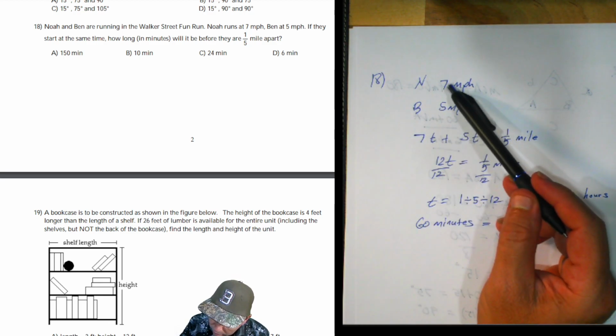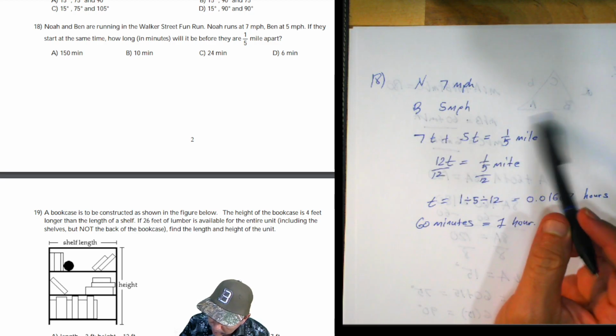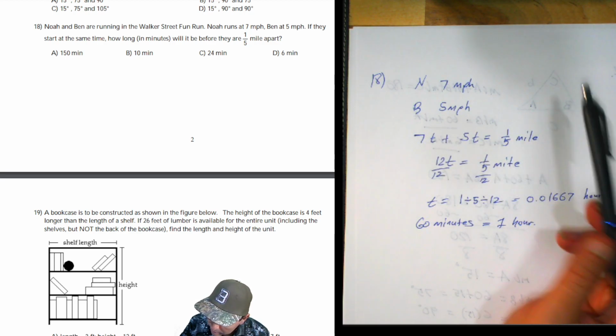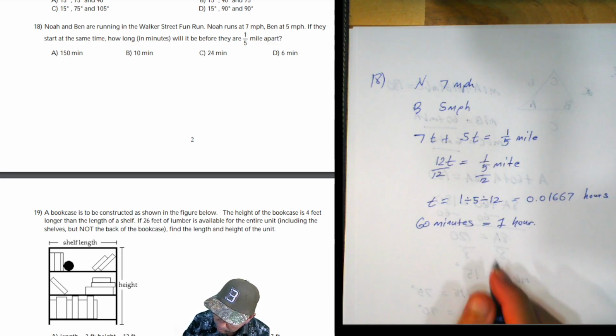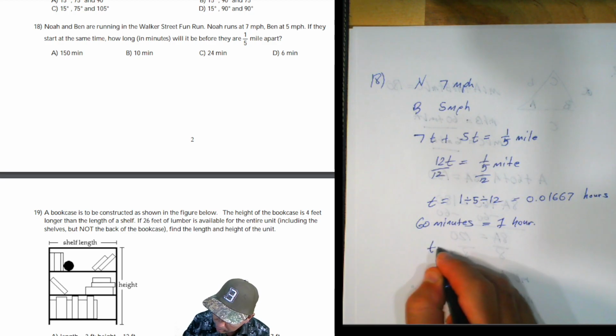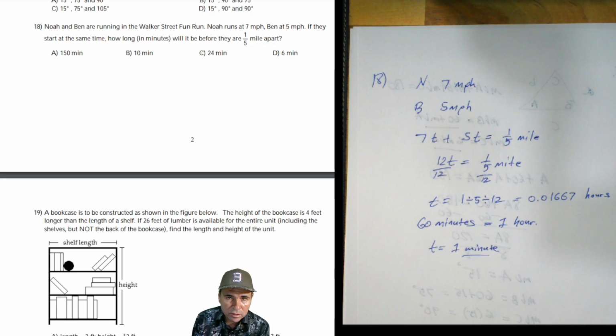Let's see. 7 times t plus 5 times t. 7 plus 5 is 12. Divided by 12, that's 1/60th. This is 1/60th times 60. So time is going to be 1 minute. It's going to take 1 minute for them to be 1/5 of a mile apart.